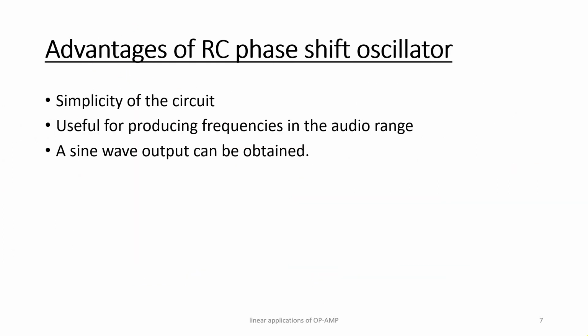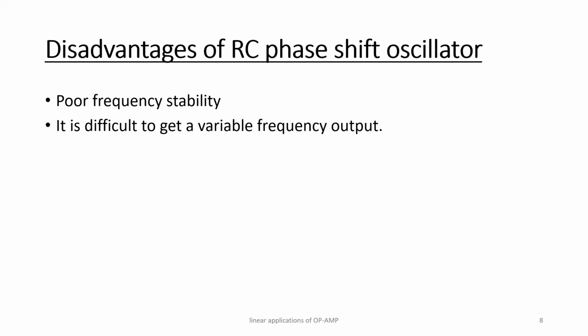Now next are the advantages of the RC phase shift oscillator. First, simplicity of the circuit; the circuit is very simple. Second, it is useful for producing frequencies in the audio range, and third, a sine wave output can be obtained. The disadvantages are poor frequency stability.